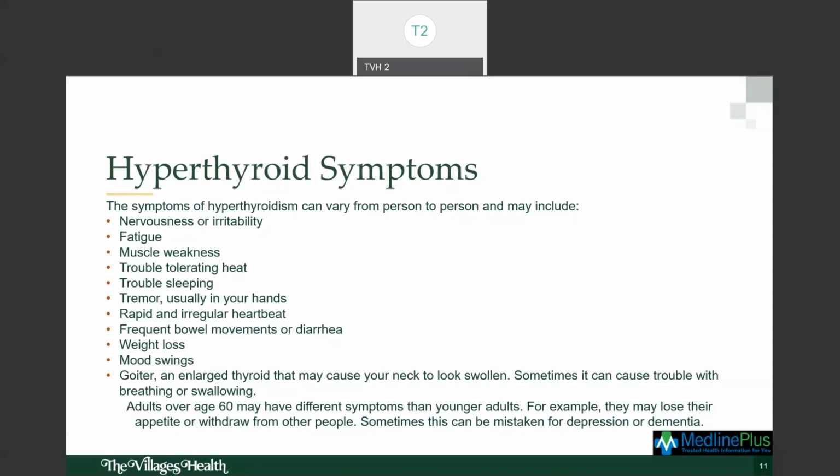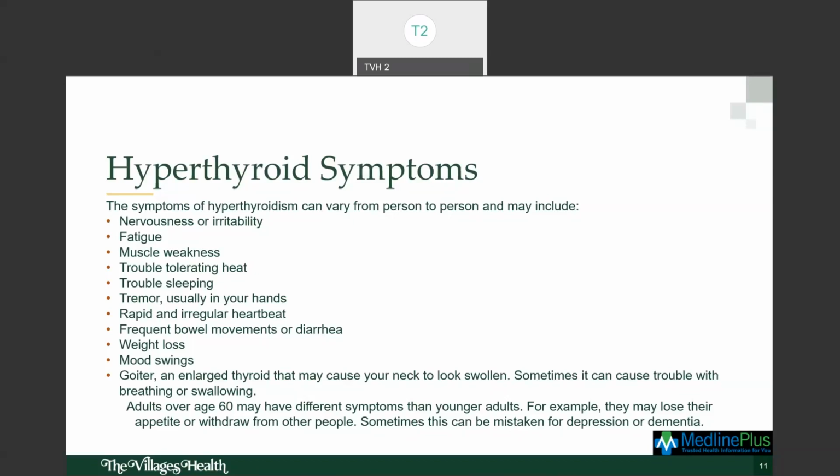If it's something that's been happening more frequently, could potentially be a symptom. Unusual weight loss is also a potential symptom. Mood swings could possibly be as well. Now, the last one on here is goiter. So we talked about that earlier in the previous slide. So the goiter is that enlarged thyroid gland that could cause your neck to look swollen.